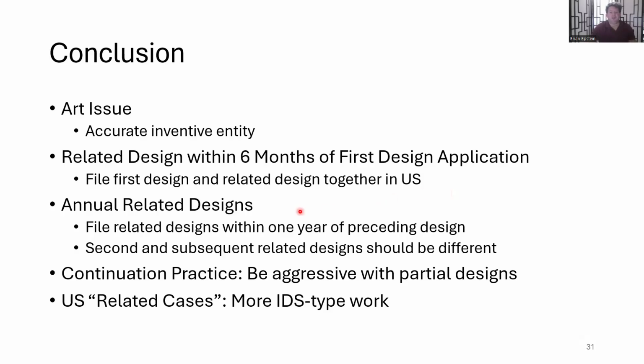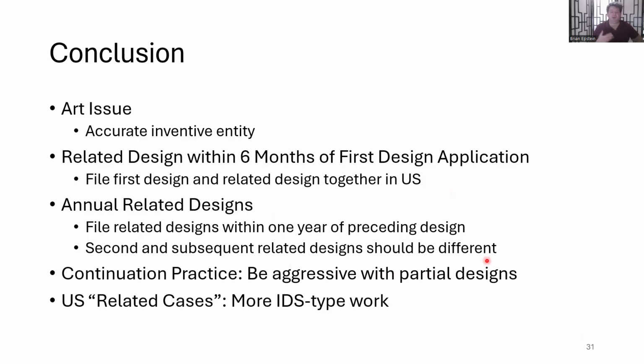We've got another special case of annual related designs. Here we want to file related designs within 1 year of the preceding design, again assuming that our designs evolve linearly and they're not going some sort of retro route where we branch off into a different direction. We want to suggest that our second and subsequent related designs should be more different than our original design, because now our original design can be applied as prior art.